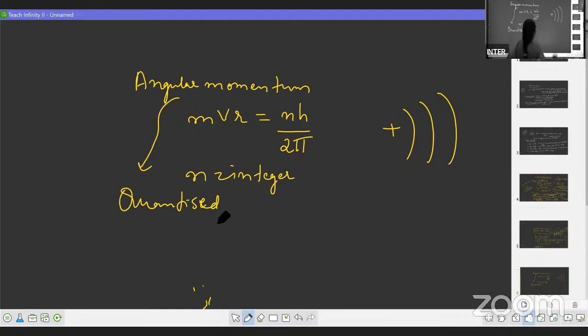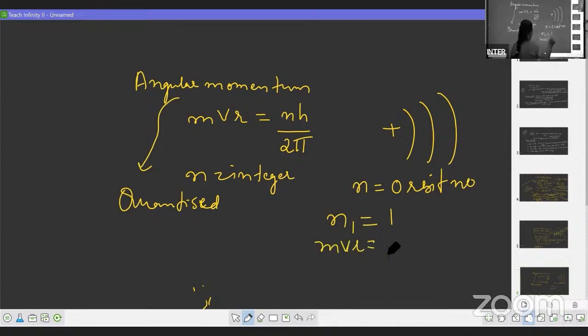What does it mean? For example, the electron is in the first orbit. Here n is nothing but the orbit number. If the electron is in the first orbit, n is equal to 1. So what is the angular momentum? mvr is equal to, in place of n, put 1, so h by 2 pi.